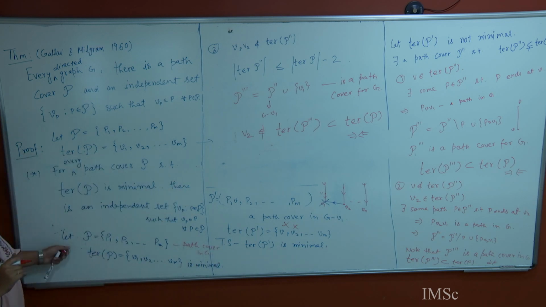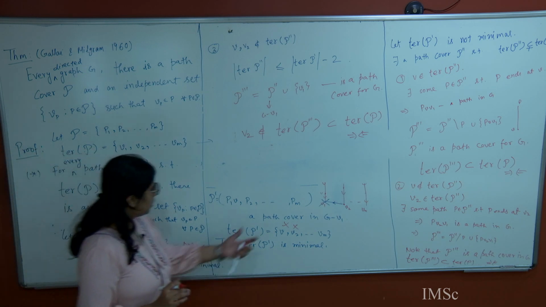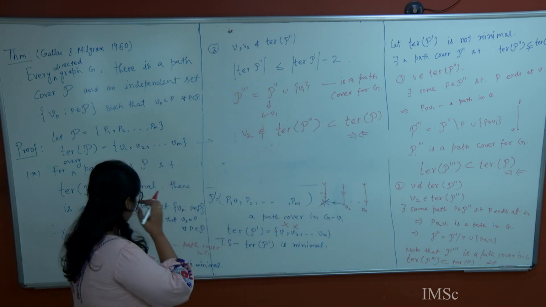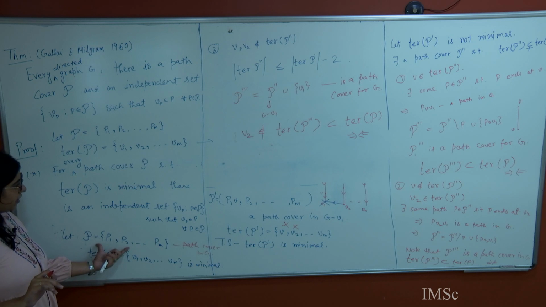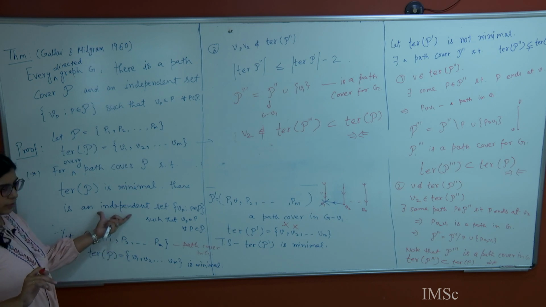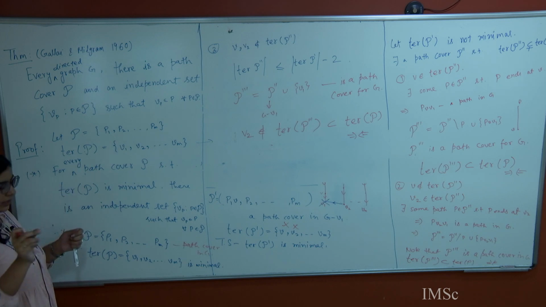So in order to use induction, I want to reduce the size of my graph. Before induction, my goal is to find an independent set such that corresponding to each path I have one vertex in the independent set.